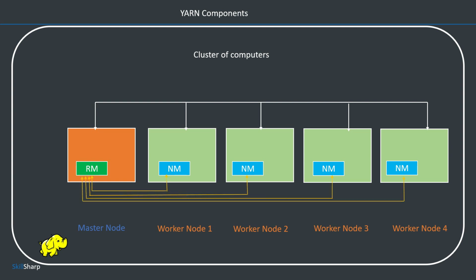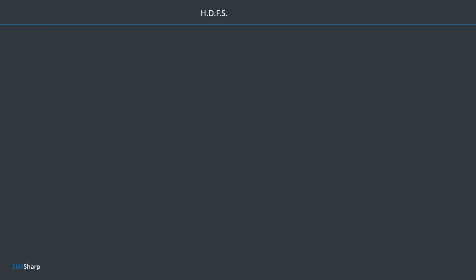The resource manager is continuously in sync, or in heartbeat, with the node managers to check their states. When a user submits an application to the resource manager, it deploys a container called the application master on any of the worker nodes, and that application master takes care of how the application needs to be run across the distributed nodes.